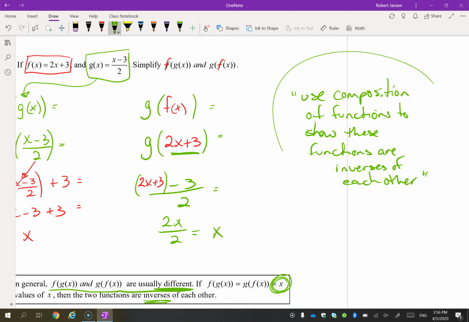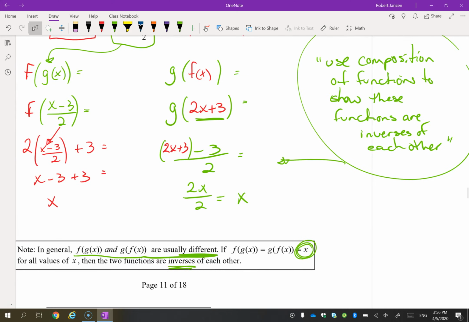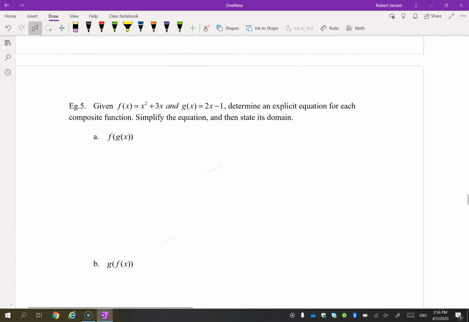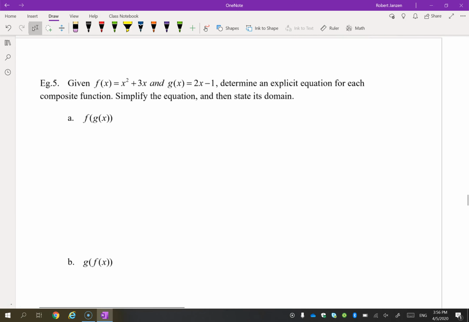Okay, so if you see that, this is what it means. So, given f of x and g of x, determine an explicit equation for each composite function.